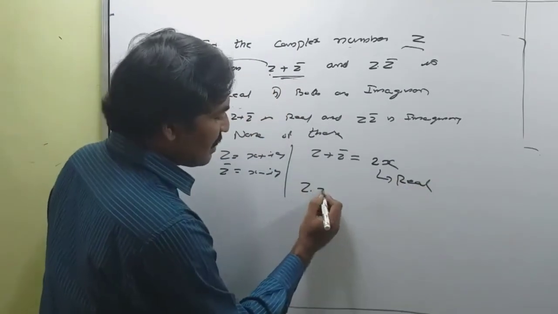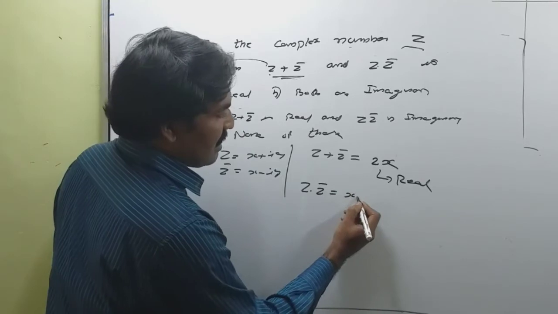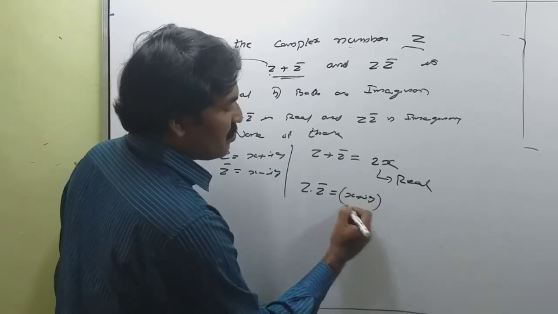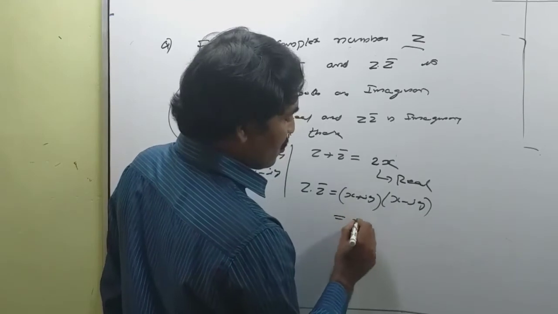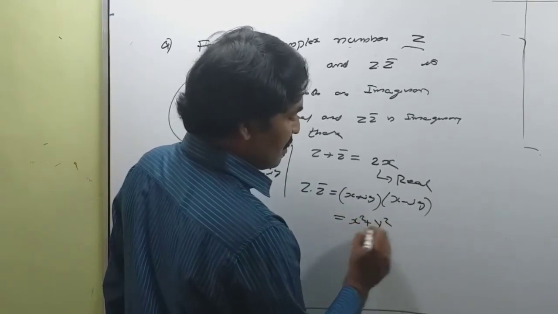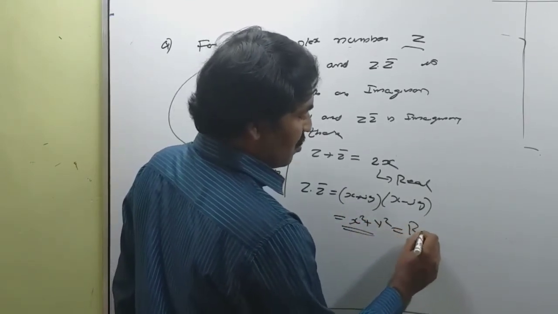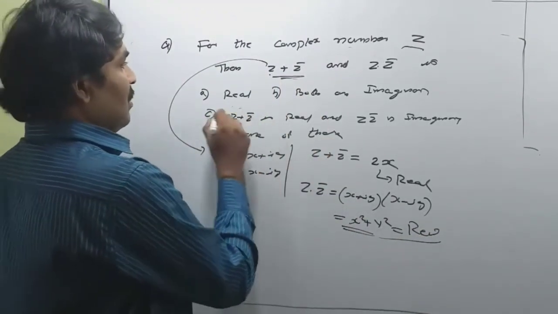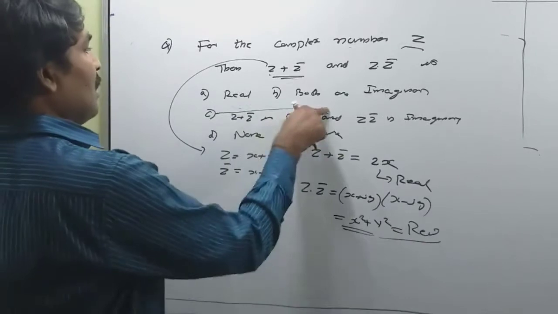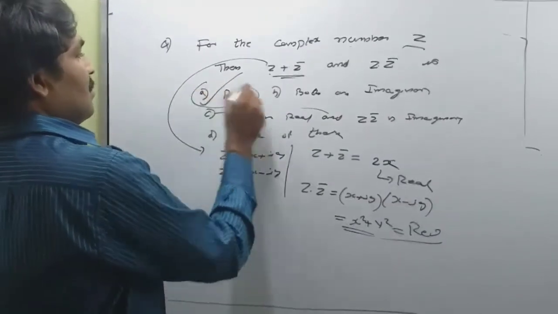Now z into z conjugate is equal to x plus iy into x minus iy, which is x square plus y square. This is also real. So both are real. So A is the answer.